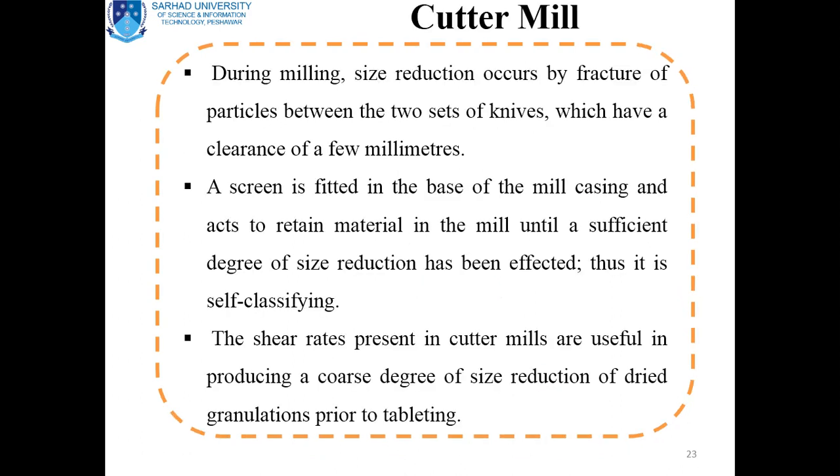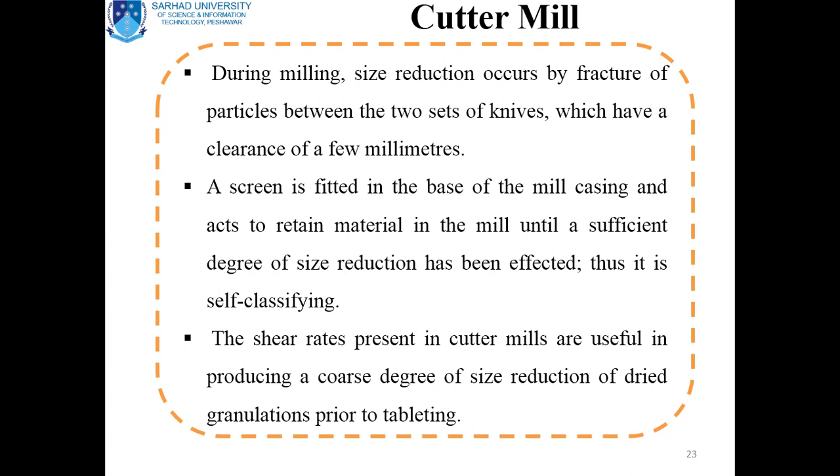During milling, size reduction occurs by fracture of particles between the two sets of knives, which have a clearance of a few millimeters. Of the two sets of knives, one is stationary, that is static, and the second one is the rotating one. A screen is fitted in the base of the mill casing and acts to retain material in the mill until a sufficient degree of particle size reduction has been effected.